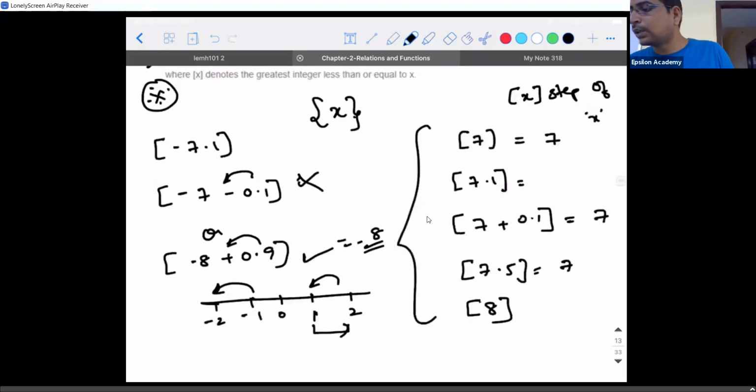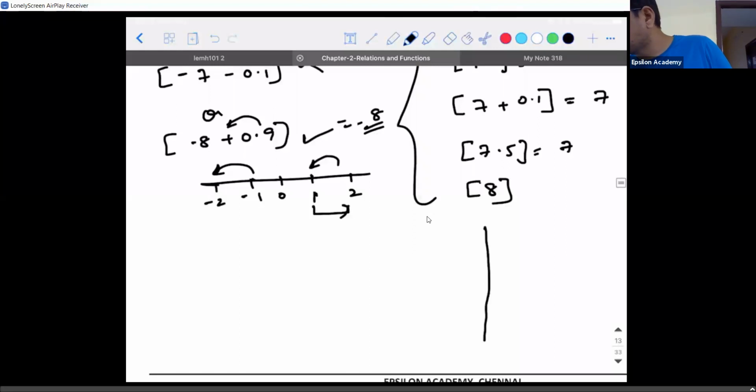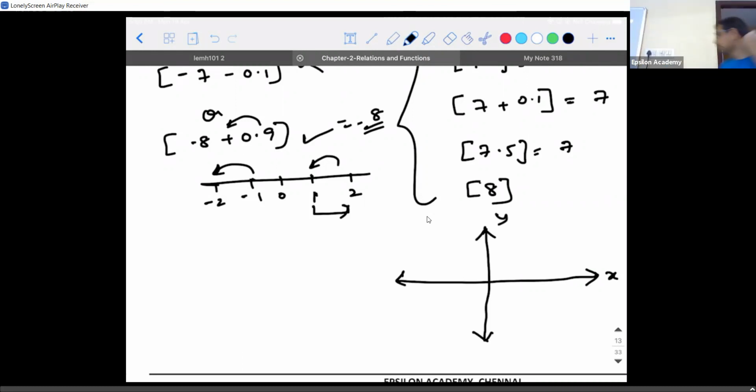If you draw the graph for this, please make a note, guys. This comes in continuity and differentiability. So x and y, I am trying to draw the graph for it. X is equal to 0. Greatest integer of 0.